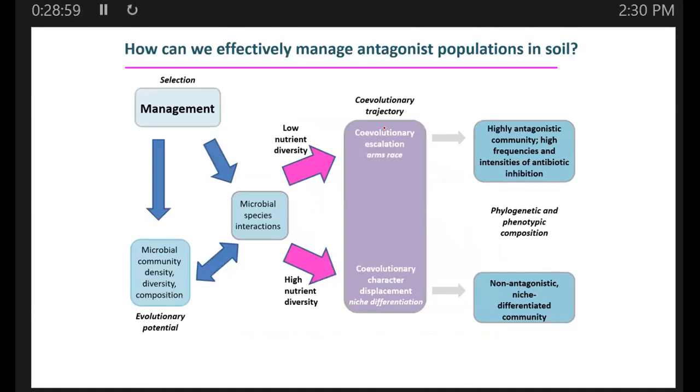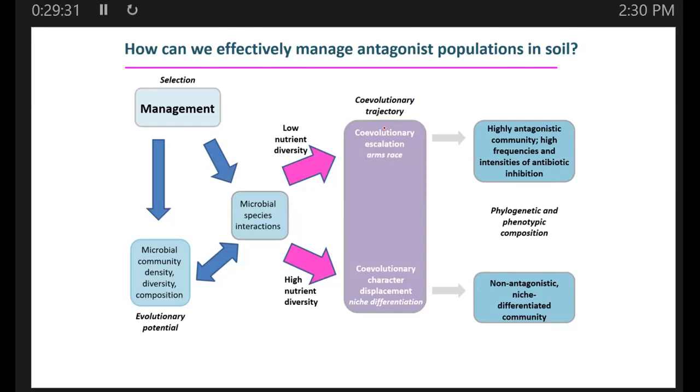This flow chart, at least through the studies that we did, is an idea, perhaps something to think about when you're trying to design a field that's inhibitory to the pathogen. So here, if there's low nutrient diversity, one type of cookie and not much of it, then you've got them fighting with each other, and the biocontrol agent can become quite successful at killing off the pathogen.